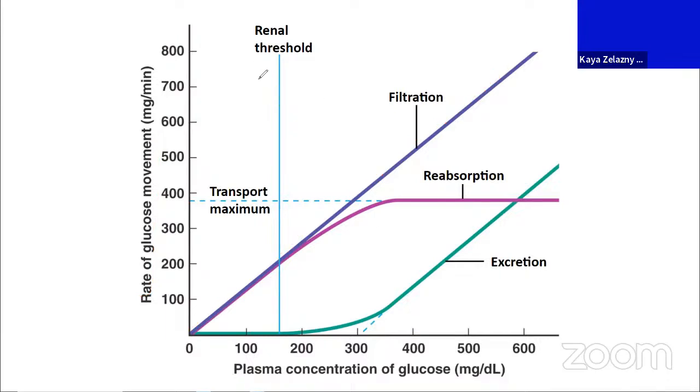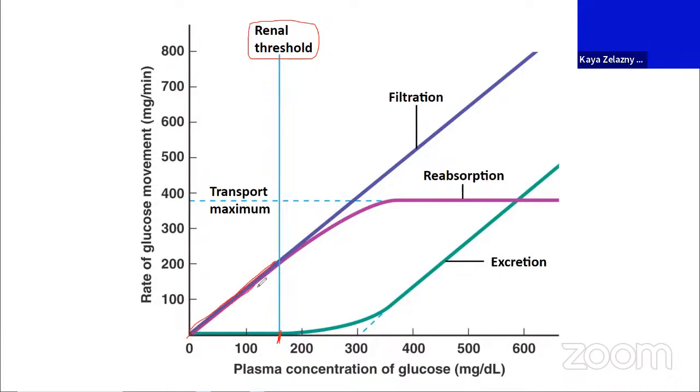So until we hit our renal threshold, and this one is labeling our actual renal threshold because you'll presumably be interacting with actual people, so we're just going to use that 180-ish number here. Okay. So until we get to that renal threshold, as much glucose as you filter, 100% of that is getting reabsorbed.